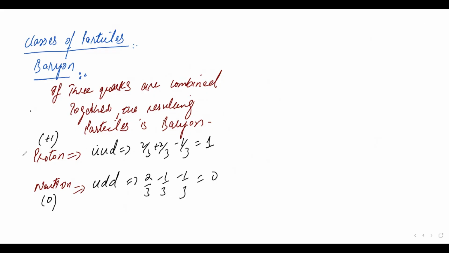So apart from protons and neutrons, we've also got some other baryons as well. For example, in the third scenario, we've got a lambda 0 as well, right? Lambda 0 is a baryon as well. And the composition of a lambda baryon is up, down, strange, right?